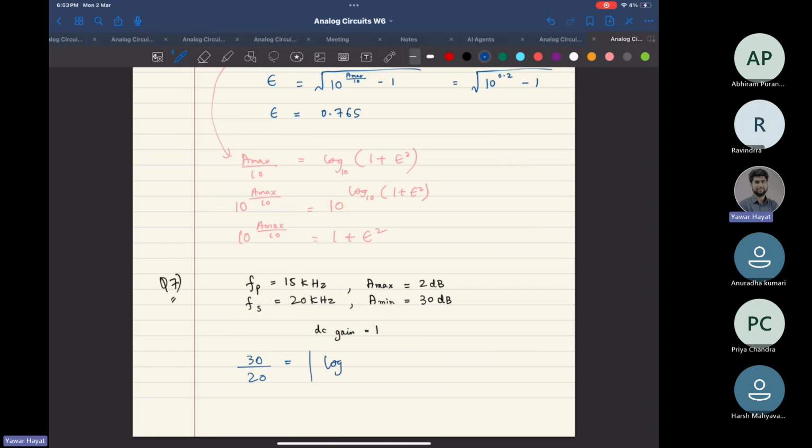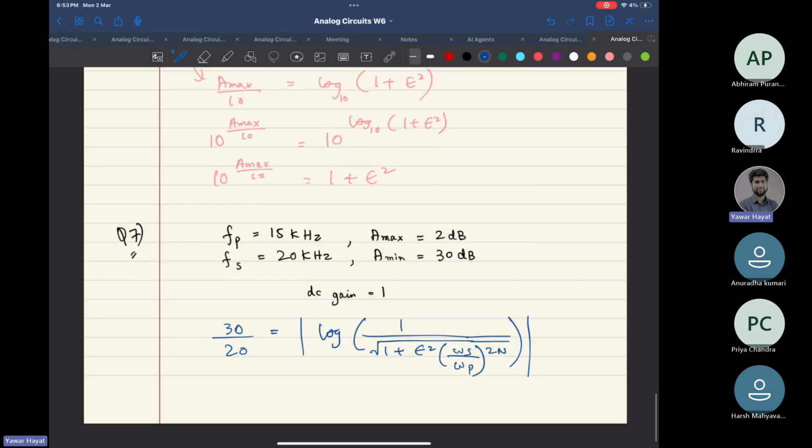Correct me if I'm wrong. It will be 30 over 20, magnitude of log of, right? It will be 1 by square root of 1 plus epsilon square, omega s by omega p, raised to the power 2n, magnitude.